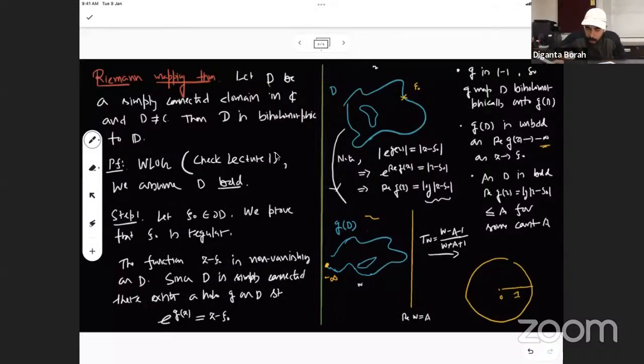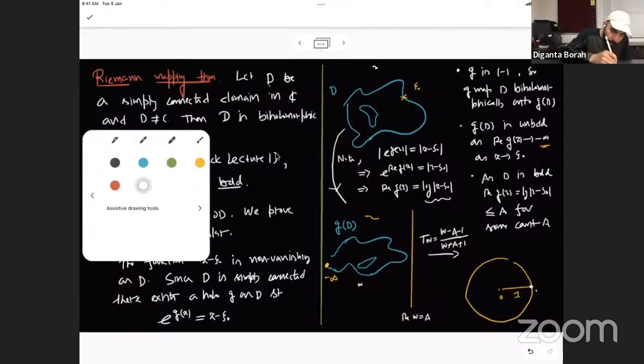I hope it is correct, but nevertheless you can check this. So this will take you inside the unit disk, and if you divide both numerator and denominator by W, you can see that the point minus infinity will go to 1.